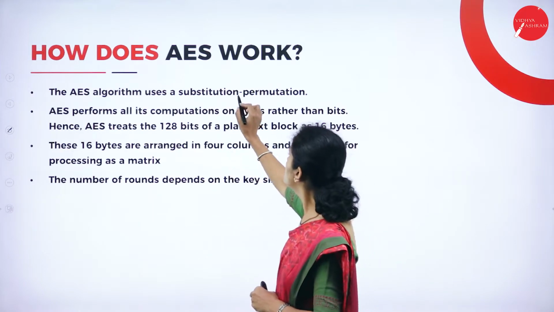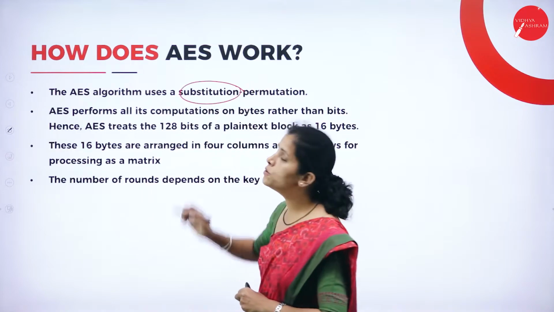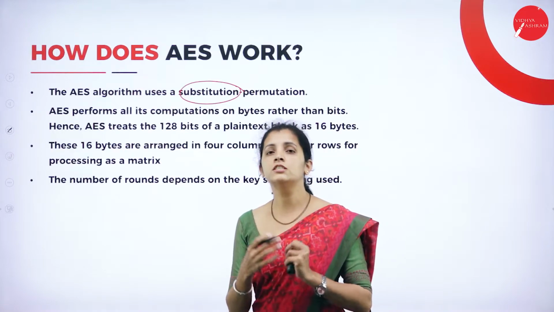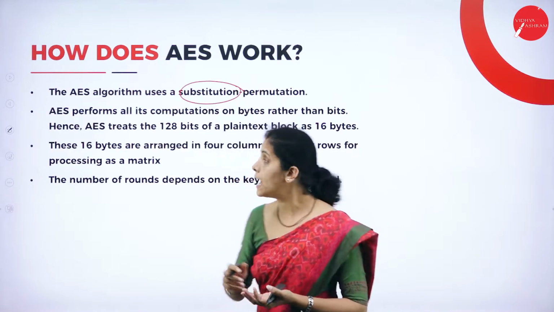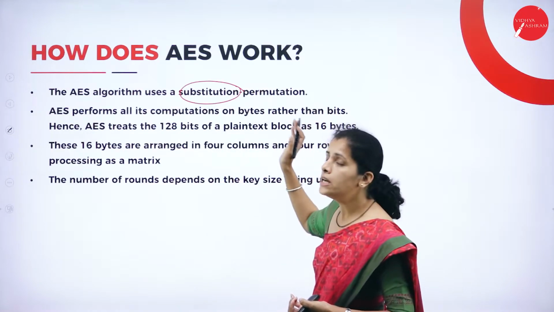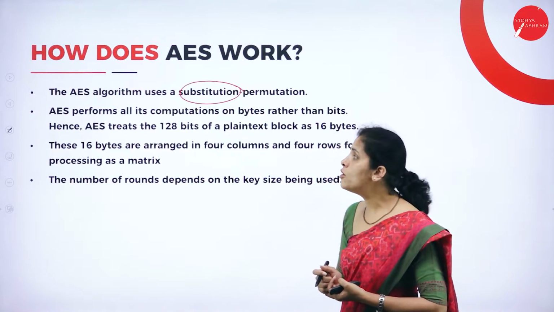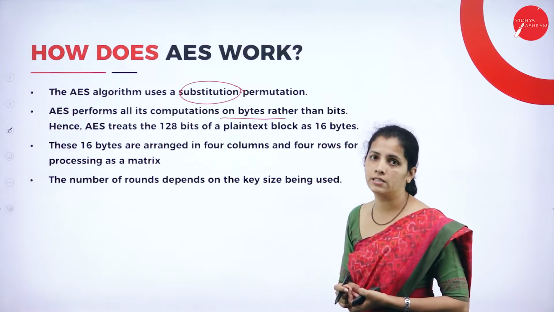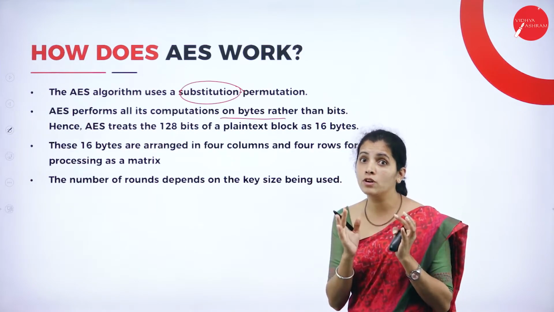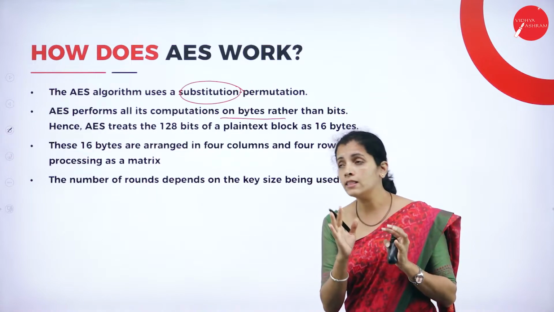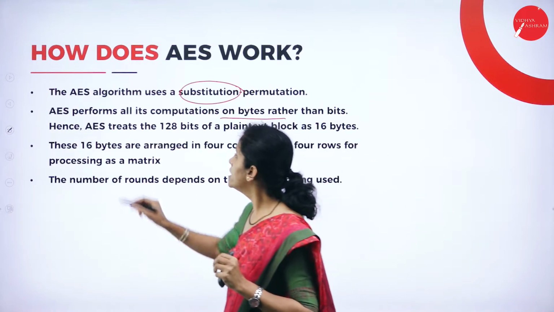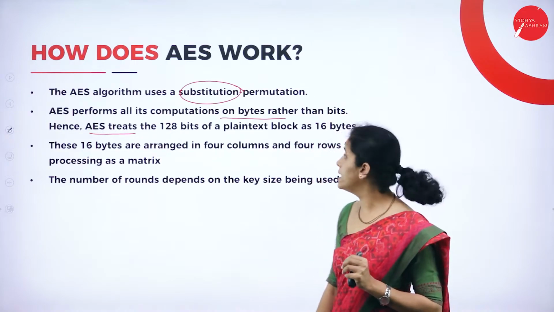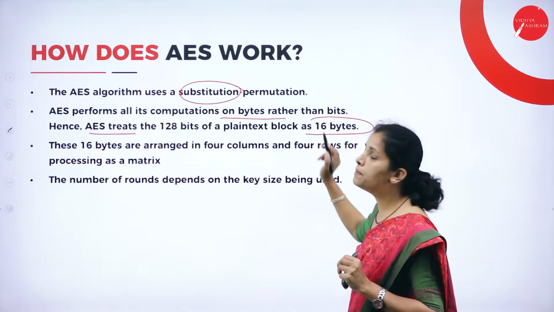It works based on the confusion or substitution cipher as well as permutation, and it is responsible for performing all the computations on bytes rather than bits. So here I'm mainly going to focus on bytes rather than bits. AES treats 128 bits of plain text as 16 bytes.